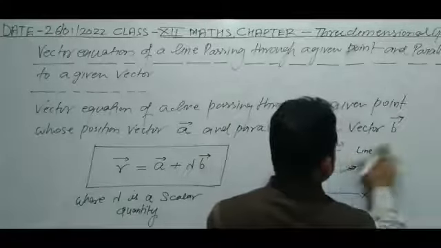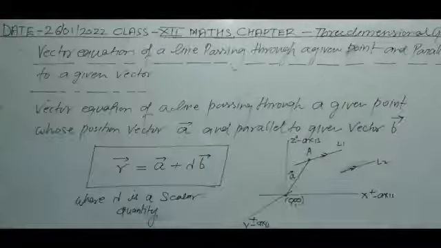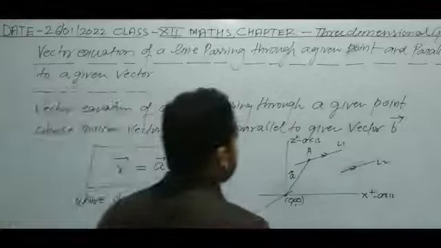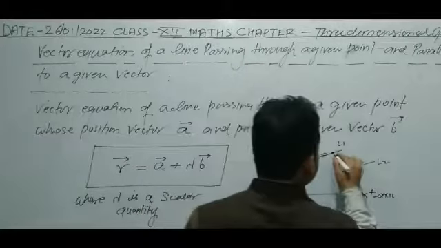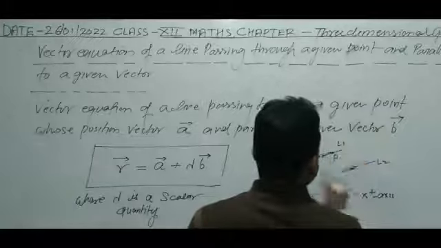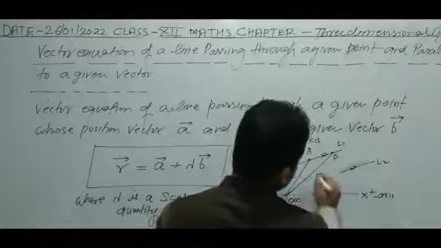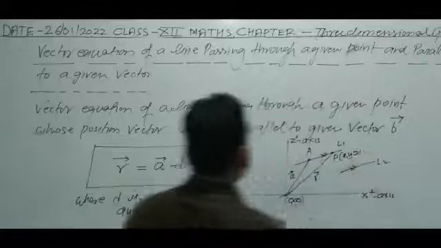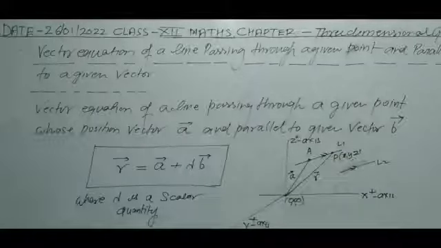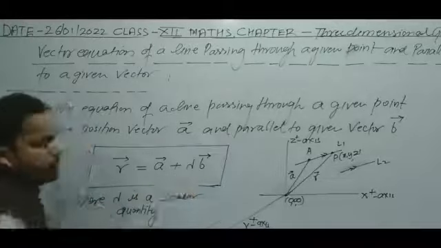Now suppose this is the point P, whose position vector is OP, that is vector R having coordinates x, y, z. This is the vector equation of a line which passes through point A and is parallel to vector B.